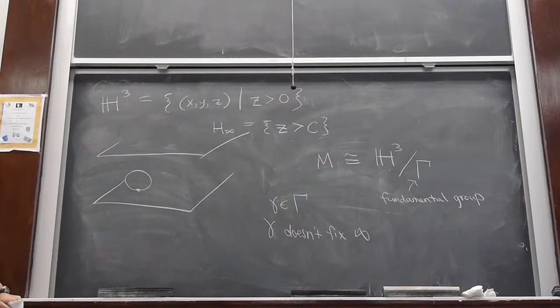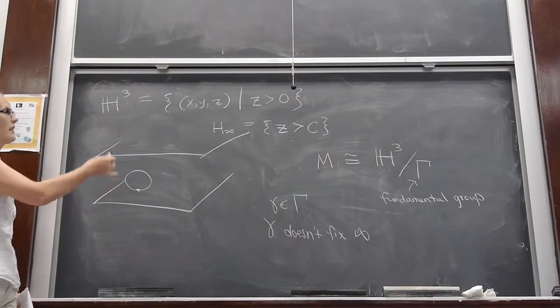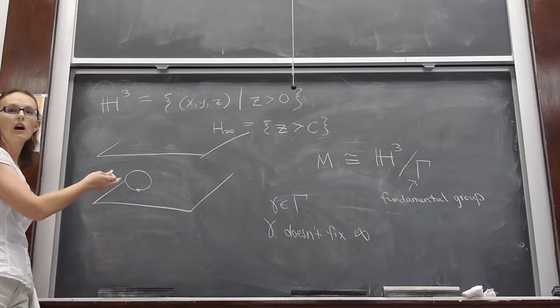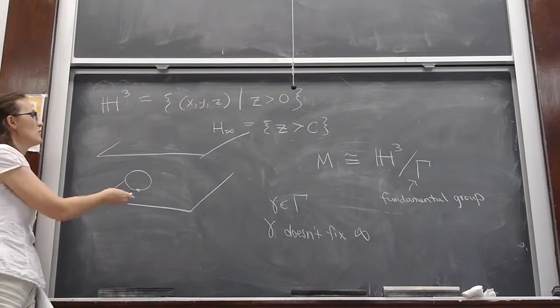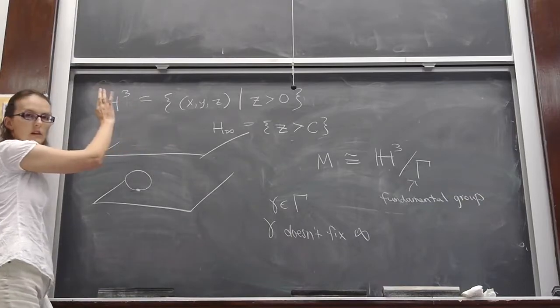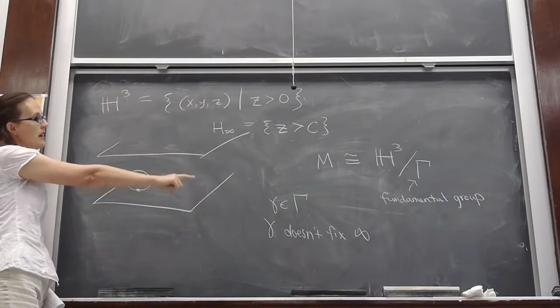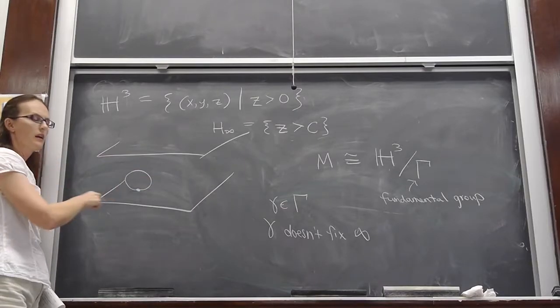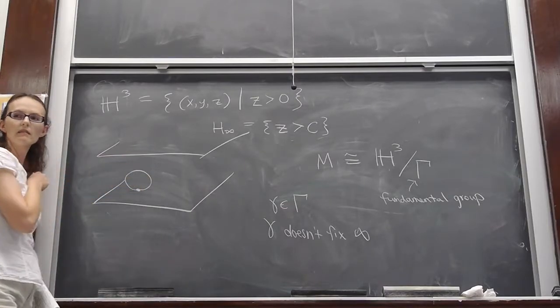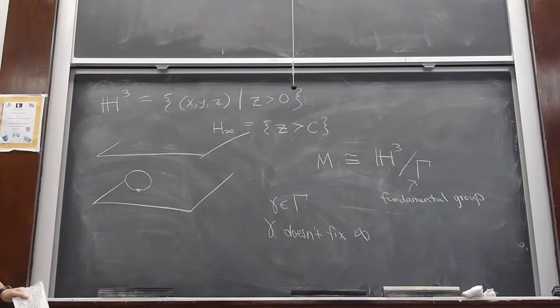Okay? So one way of looking at a hyperbolic structure on a manifold would be to fix a cusp, fix a horoball neighborhood in the universal cover, and then take all of your elements of the fundamental group and draw the pictures of what you get when you apply those.